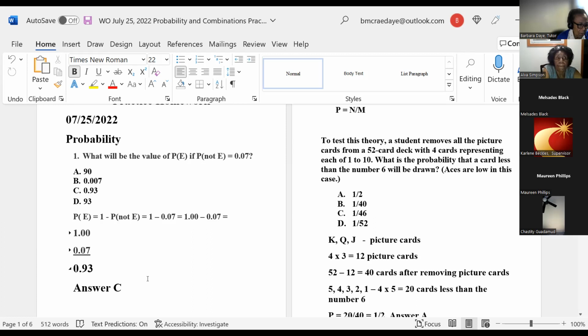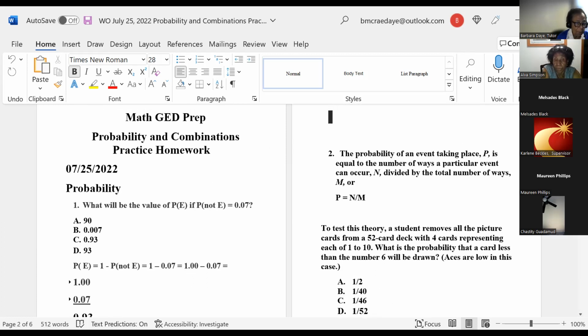So the probability that you have an ace, let me just put this as probability of ace in a deck of cards. You say there are 4. So what would be the probability? 4 is the possible. And what's the total number of cards, Mercedes, in a deck of cards? 52. So that would be over 52, right?